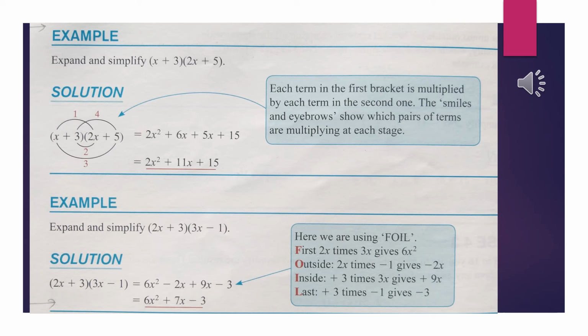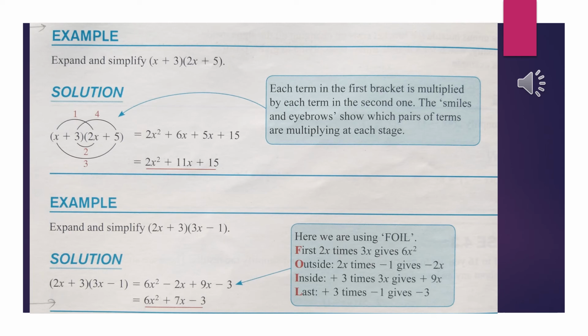(x plus 3)(2x plus 5). Solution: (x plus 3)(2x plus 5). You multiply x and 2x first. Then you multiply 3 and 2x second. Multiply x and plus 5 third.